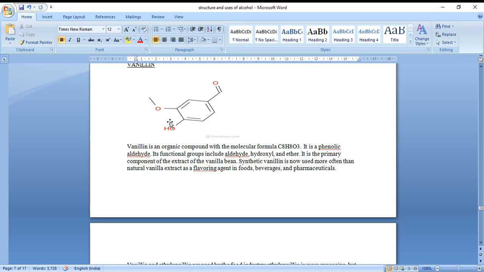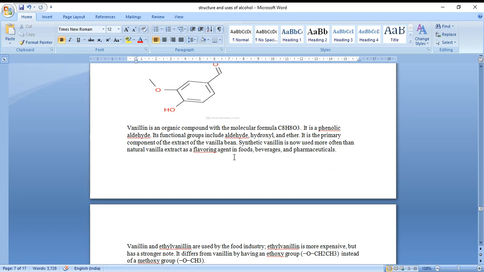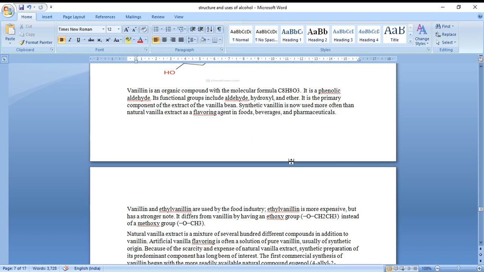So vanillin consists of various types of functional groups: aldehyde, hydroxyl and ether. It is the primary component of the extract of the vanilla bean. Synthetic vanillin is now more often used than natural vanilla extract as a flavoring agent in foods, beverages, and pharmaceuticals.